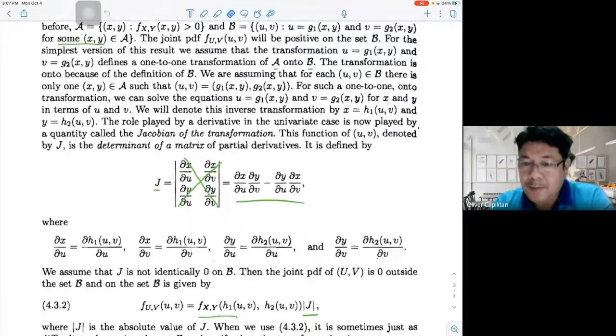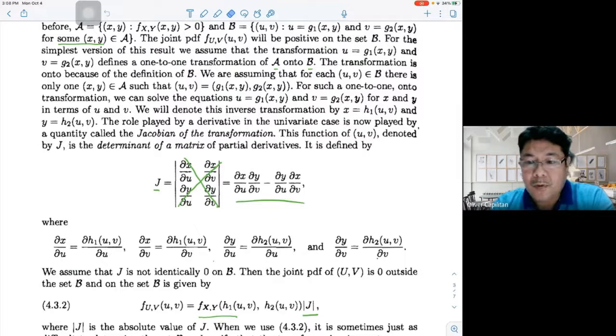So after determining these sets, script A and script B, and after determining also that we have a one-to-one transformation from script A onto script B, hence we are able to determine the inverse transformation. And after that, determine also the Jacobian of the transformation denoted by capital letter J. And this is actually the determinant of the matrix of the partial derivatives.